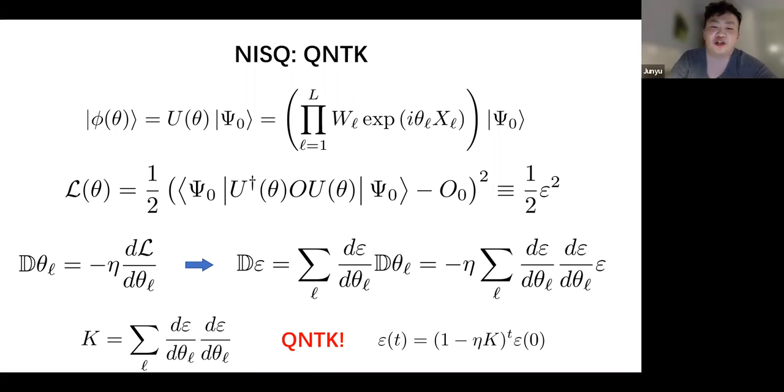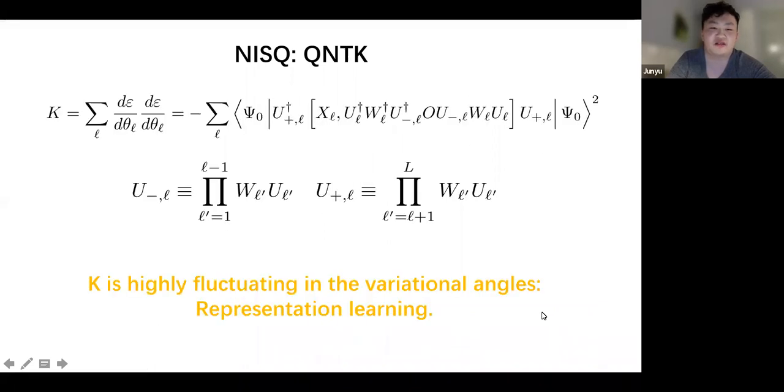However, in general, this quantity K, the so-called QNTK, is actually not a constant. In general, you can try to derive a formula for it, and you could already see that it is a function of the training variable theta, and of course in general not a constant, and in fact could be highly fluctuating in the variational angles.